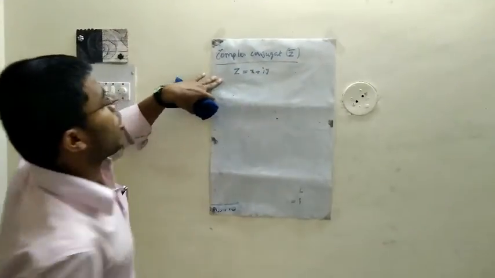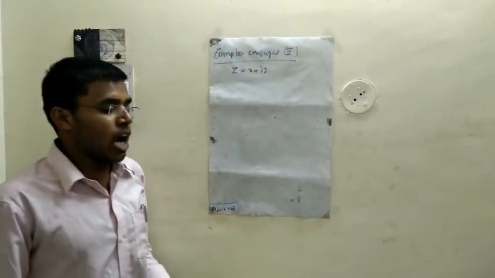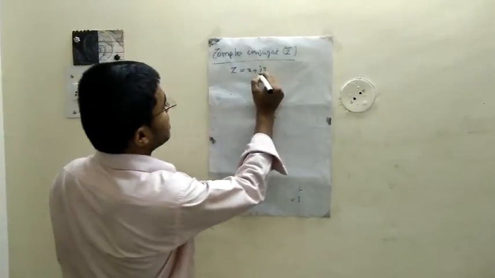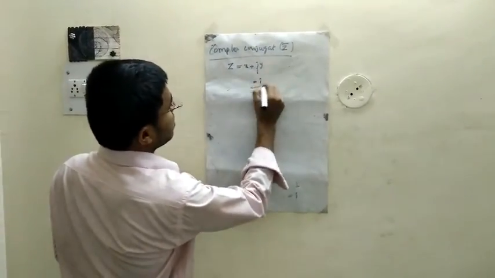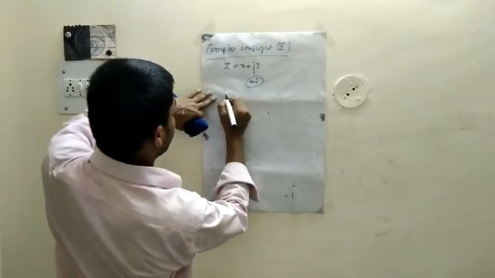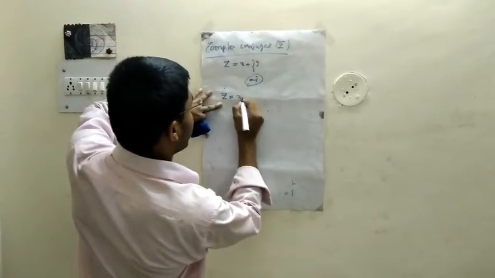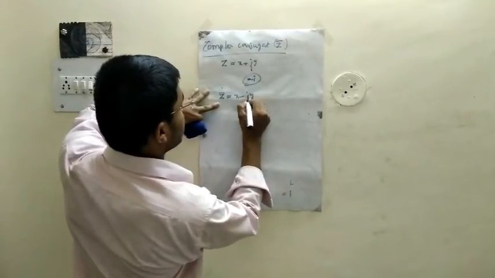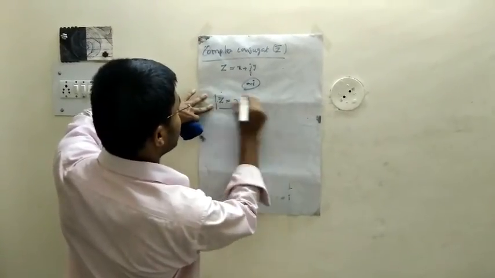The most important thing in the complex conjugate is that in the place of i we have to put minus i. If you substitute i equals minus i, Z dash equals x minus iy. This is the complex conjugate.